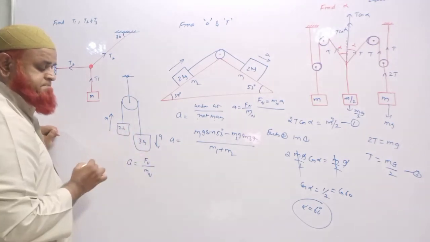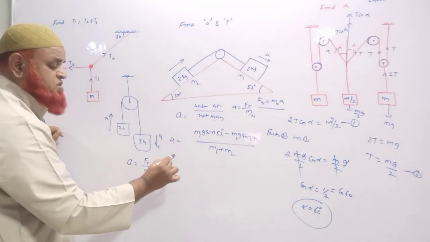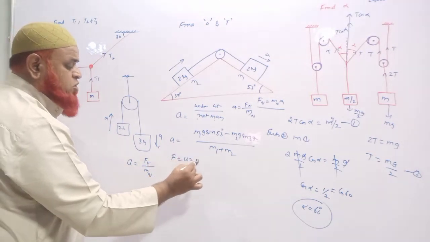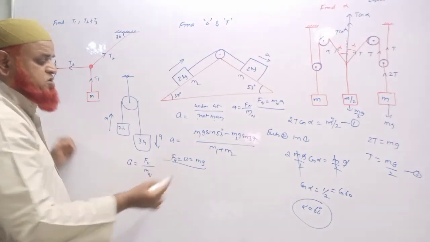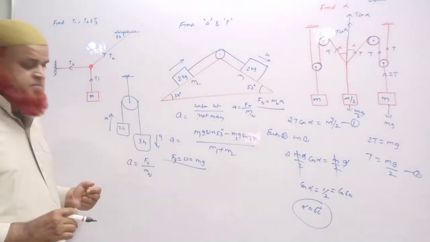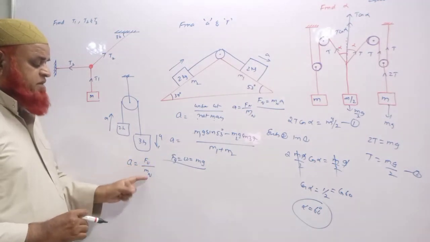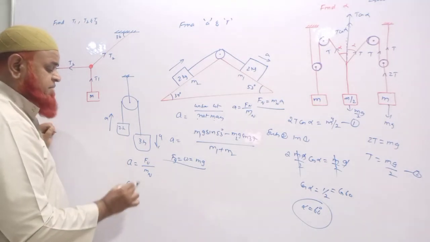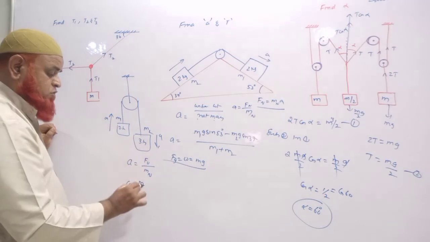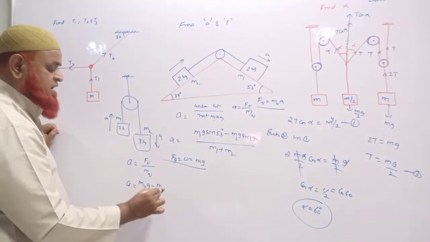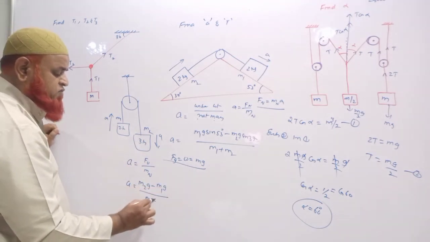Unbalanced force or unbalanced weight both are the same, because force is nothing but force due to gravity here. So unbalanced force by net mass. What is unbalanced force? This is m2 and this is m1. m2g minus m1g by m1 plus m2.